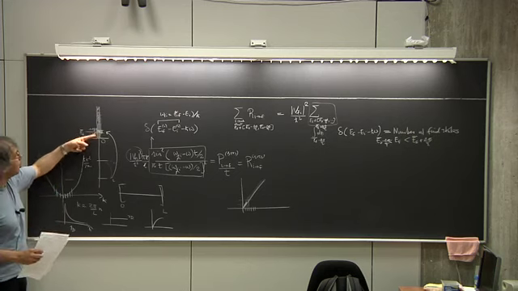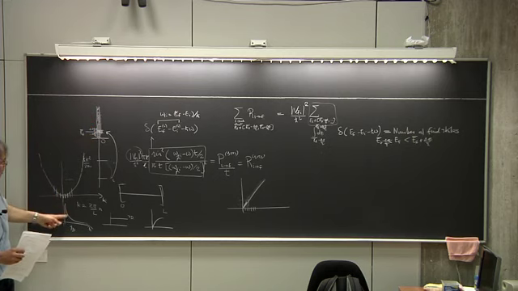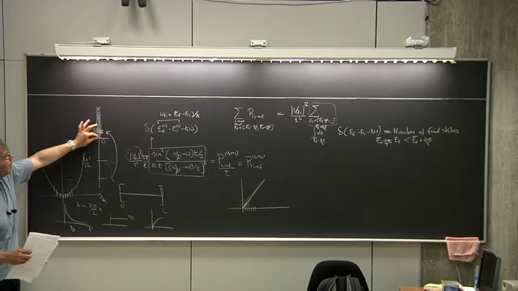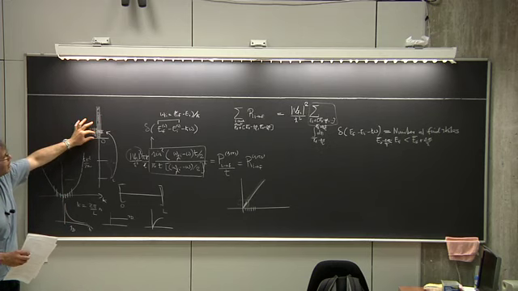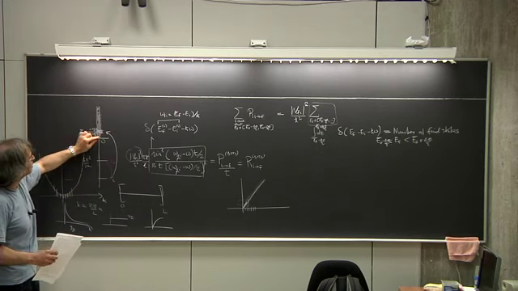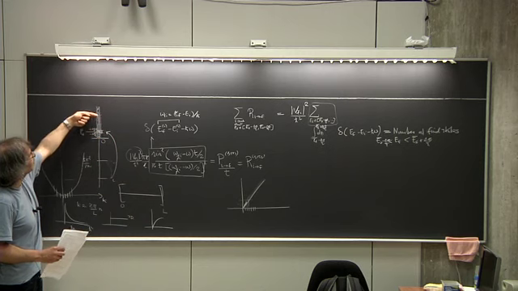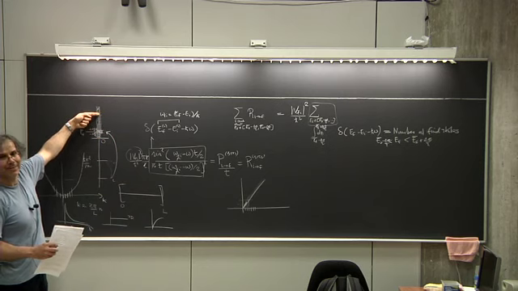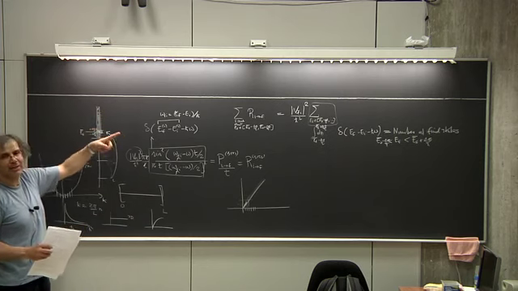So if there are more states in a certain energy interval, for an atom, which is more three-dimensional, there are perhaps fewer states close to here than close to there, all right? And this changes the rate.